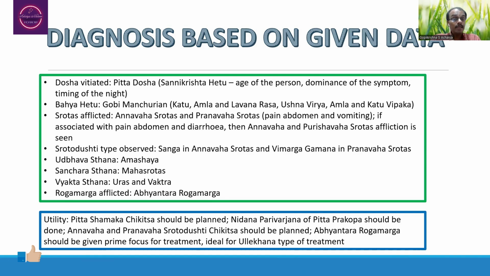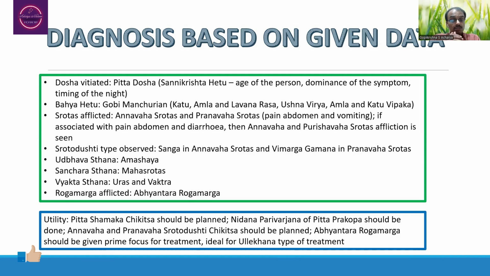When you think about the Bhakshya Hetu, gobi Manchurian made up 40% of the total food consumed. It has Katu, Amla and Lavana Rasa, Ushna Virya, and Amla and Katu Vipaka. All these are responsible for the increase of Pitta dosha in the body.